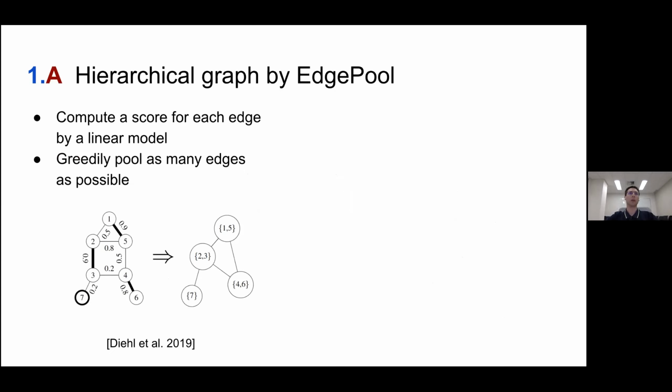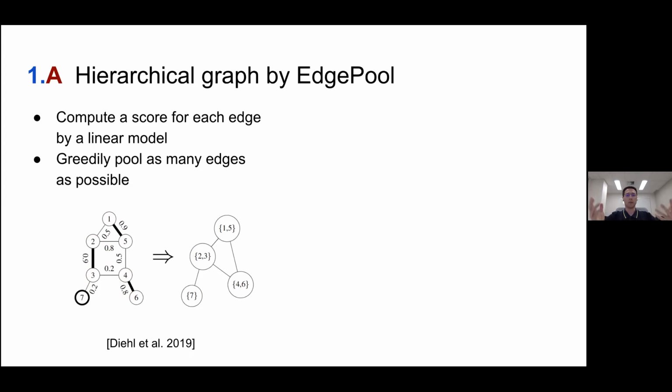So edge pool scores each edge. It's a method by Diehl from 2019, where we take the representation of the nodes at the end of each edge, pass it through a linear model to get the score for this edge, and then after we have all these scores, we greedily pool as many edges as possible.